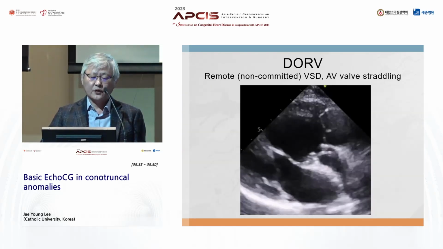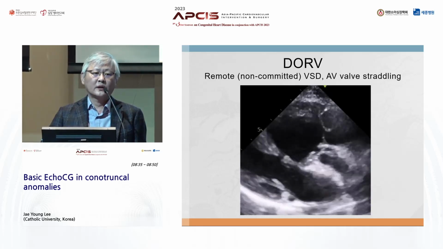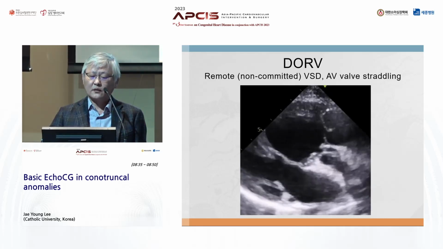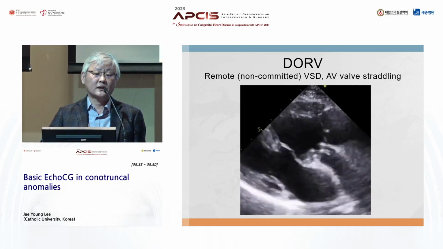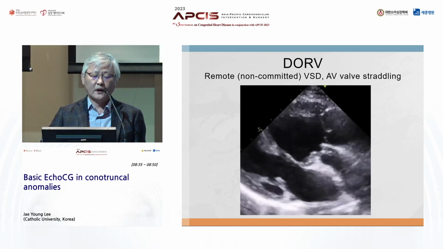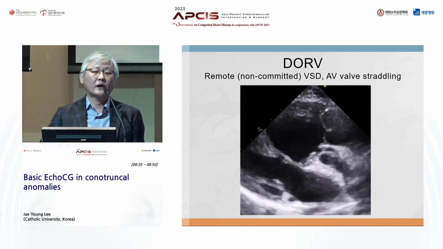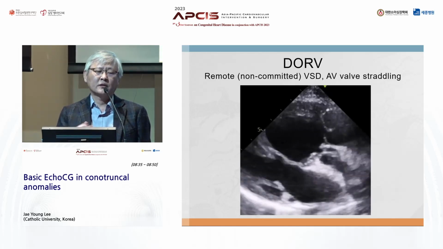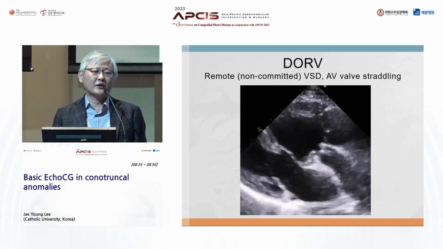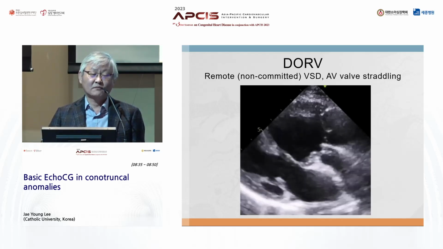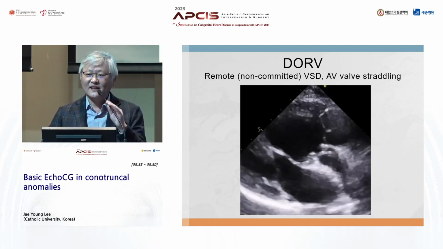And in parasternal view showing the inner part of the VSD, aorta far from the VSD. This is stenotic pulmonary valve. And again, you can notice the straddling of the mitral valve tension apparatus. In this case, biventricular repair is usually not possible, but sometimes you can.